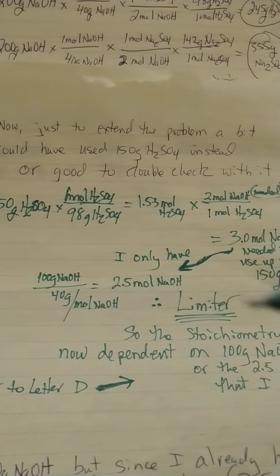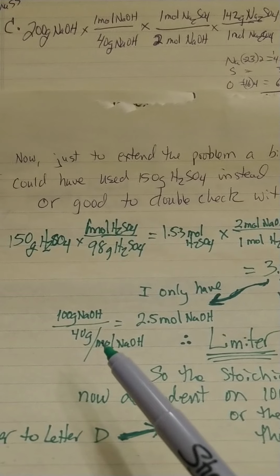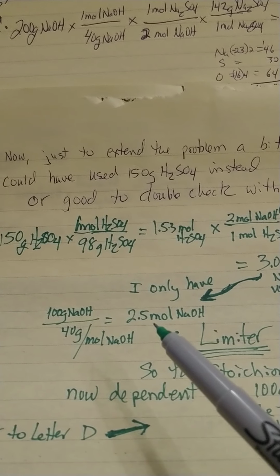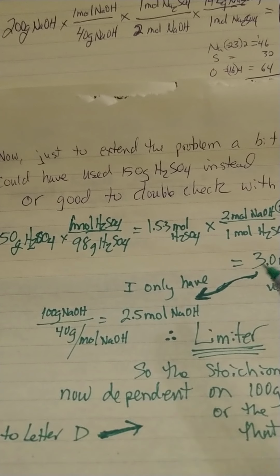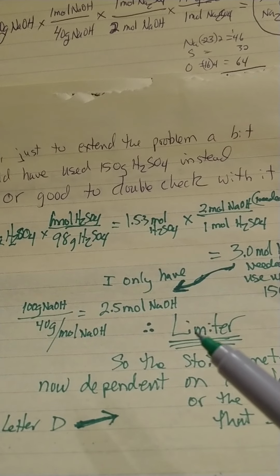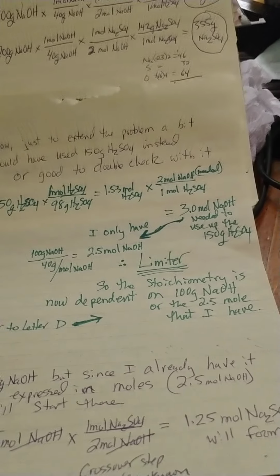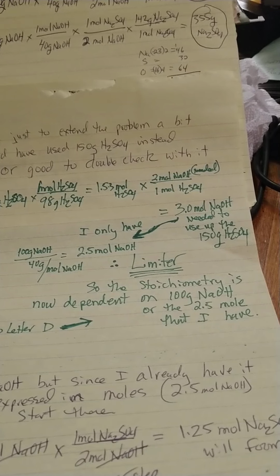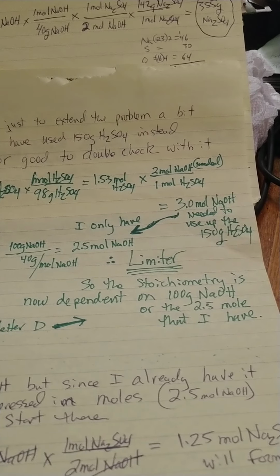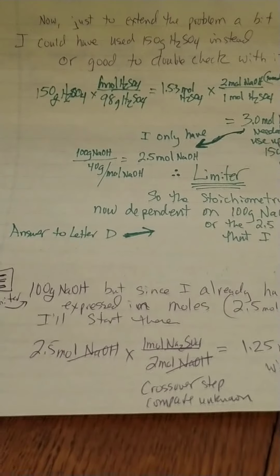From my original calculation, I only have 2.5 available. I need 3, therefore the sodium hydroxide confirmingly is the limiter. So the stoichiometry now is totally dependent on the 100 grams of sodium hydroxide. So the rest of your calculations have to be based on the sodium hydroxide.